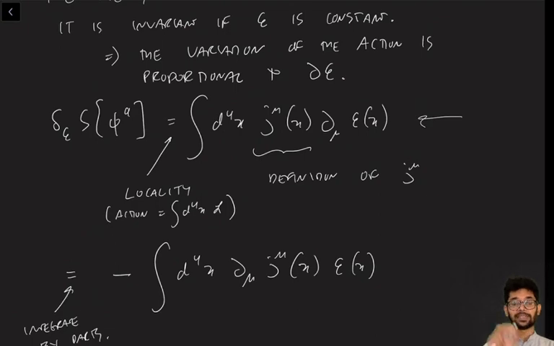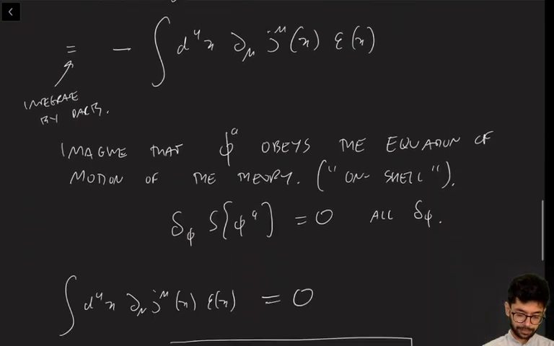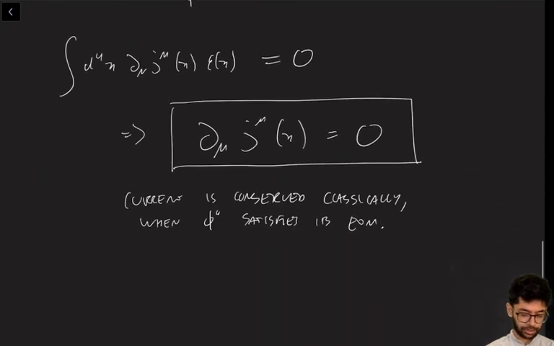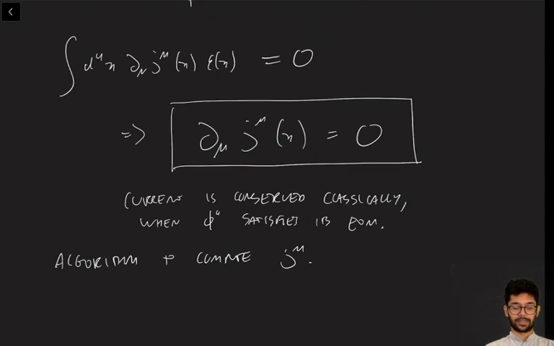Pick out the piece that is proportional to d mu of epsilon, and that's J. Okay. So I should just stress that this also gives you an algorithm to compute J, as well as proving that J is conserved. Okay, so that's all fine for the classical theory. Now we want to understand what happens when we stick this into a path integral, and that's what we're going to do next.